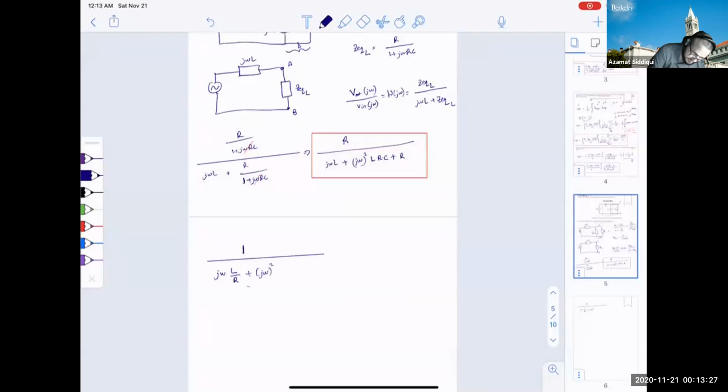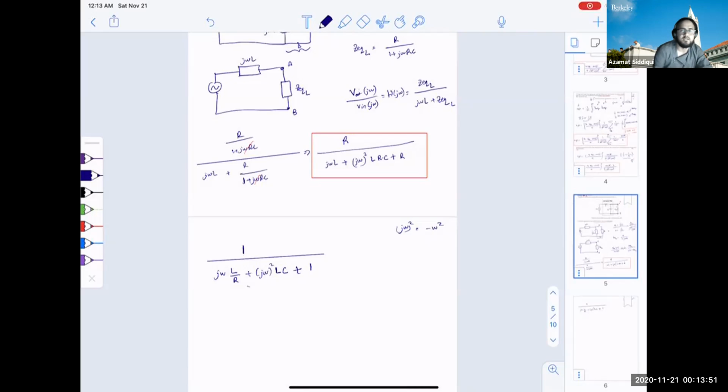We could write down, instead of j omega squared, minus omega squared, because j squared is minus 1 and omega squared is omega squared. And the R cancels out right here, so it becomes LC and a 1 right here, because R divided by R is 1.